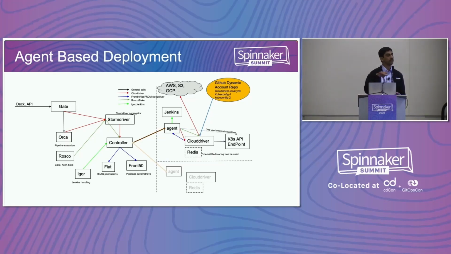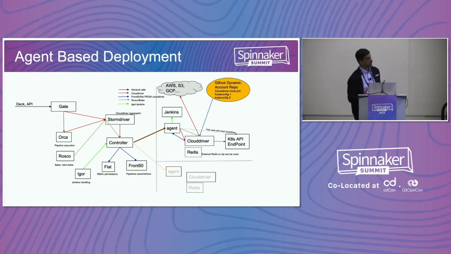Because it's a tunnel and the controller knows how many agents exist, the discovery becomes fairly straightforward. So Stormdriver would just say, give me all the instances of remote cloud drivers you have, and it maintains a list of all the agents that are connected and what services exist at that agent. And it can discover all the cloud driver instances and the accounts configured at each of these cloud driver instances. So now discovery becomes fairly simple.